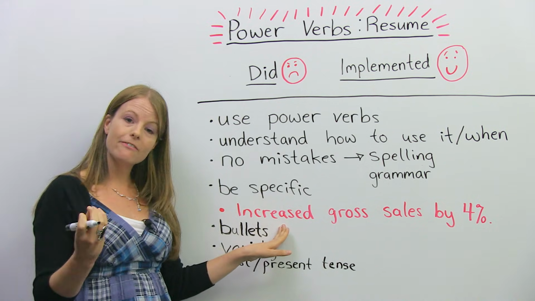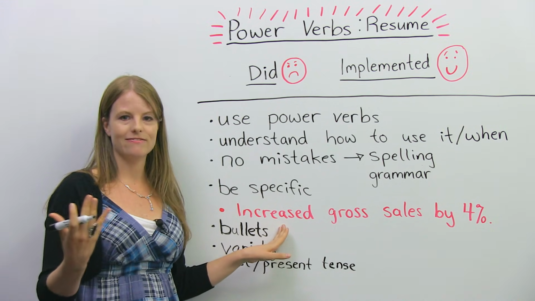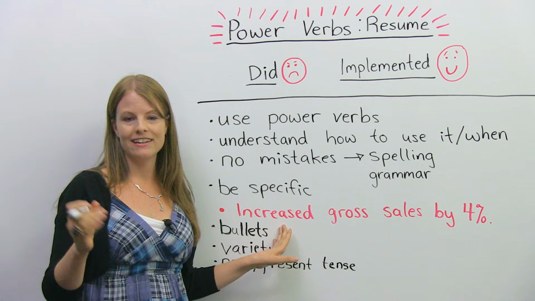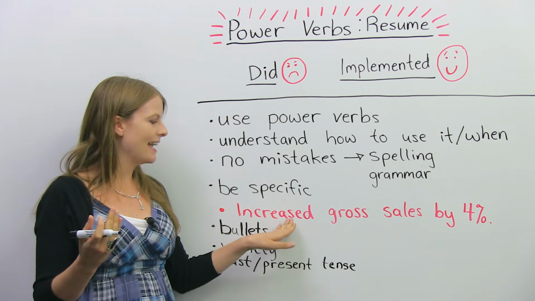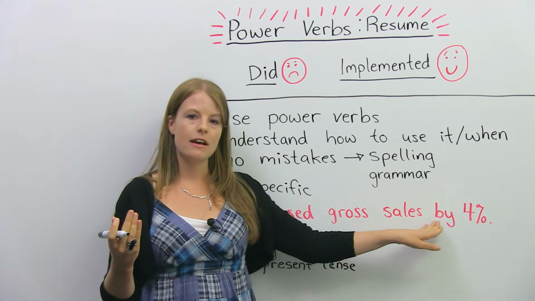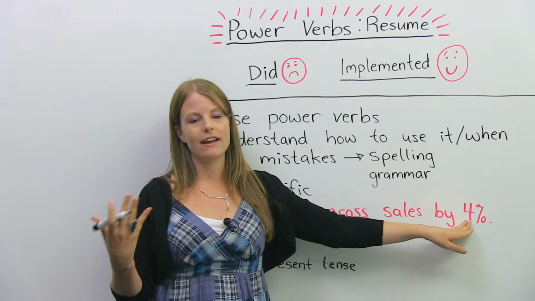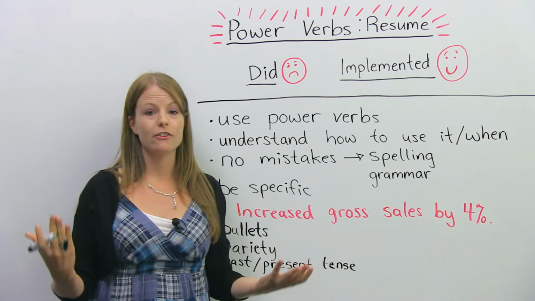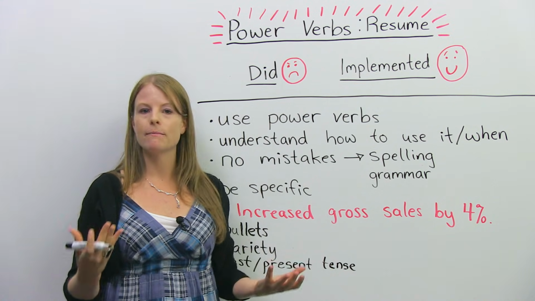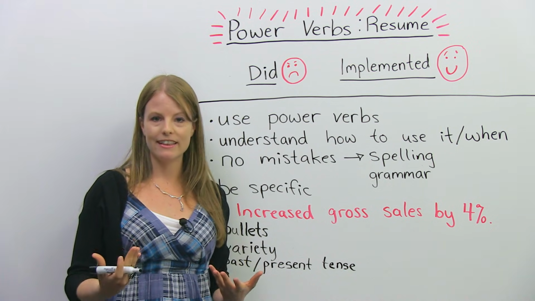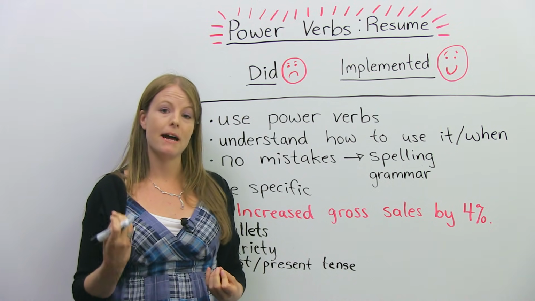Well, I say specifically what I've done. So imagine I work for a company and I sell some sort of product. This is what I did: I increased gross sales by 4%. So if you helped a certain number of people, you can write down that number. If you did something by a certain percentage, you can write that down. The more specific, the better.